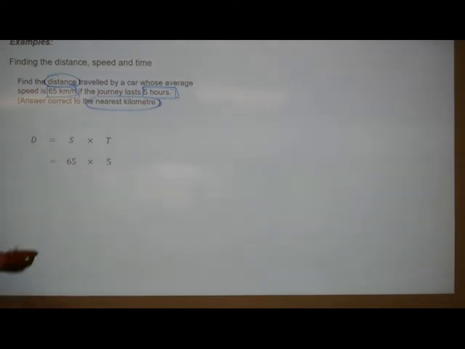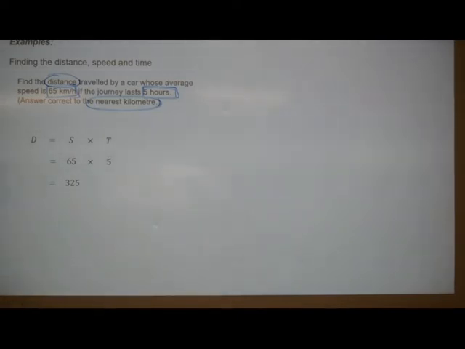Then what do we do? Think about what we did for substitution. What did we do? Evaluate. Let's evaluate it. What is 65 times 5? 325. Now, here's my question. Am I finished? No. What do I need to add?